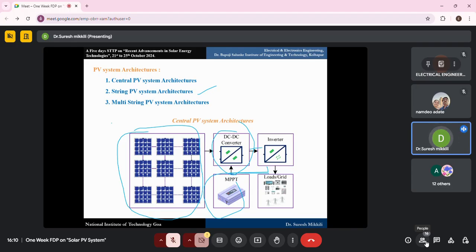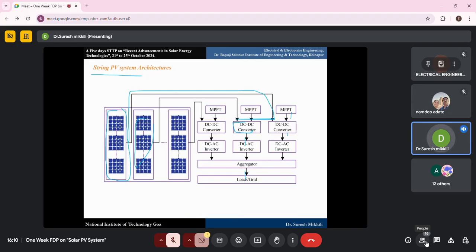Now in the string integrated converters, what is modified? Each string is provided with a dedicated converter and a dedicated inverter. I hope you understand.